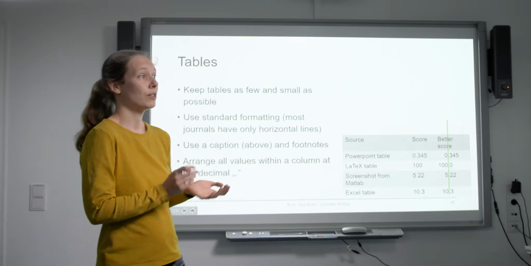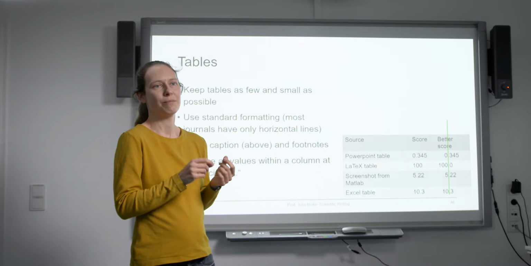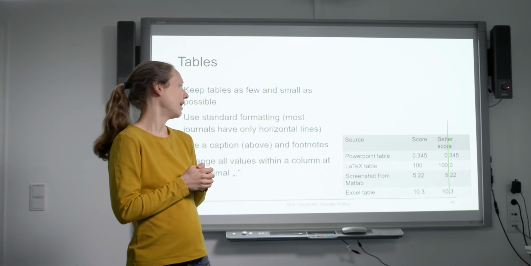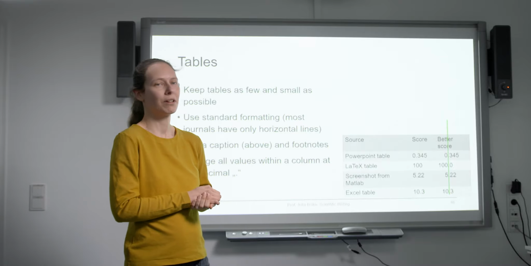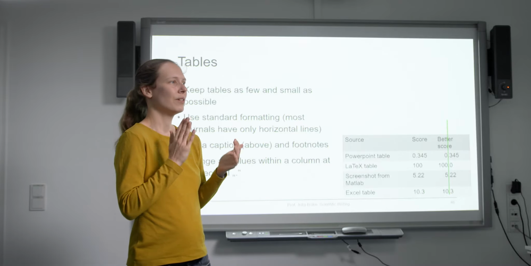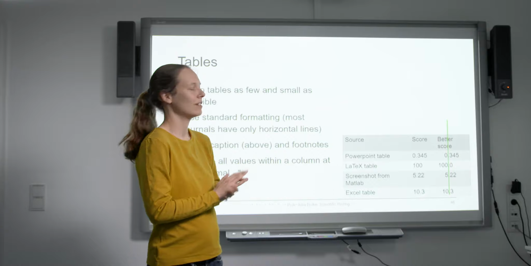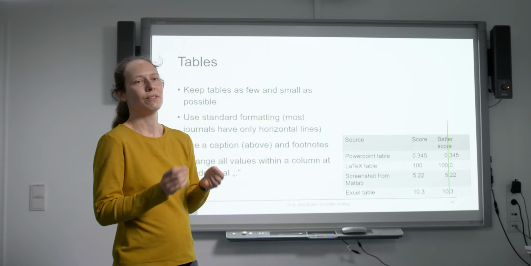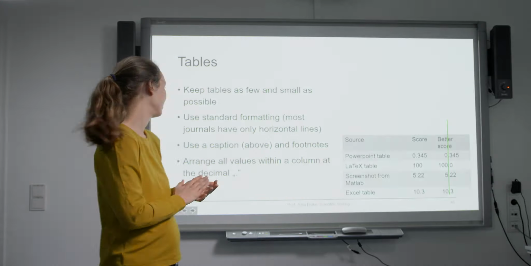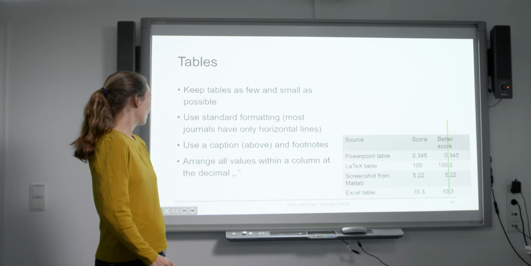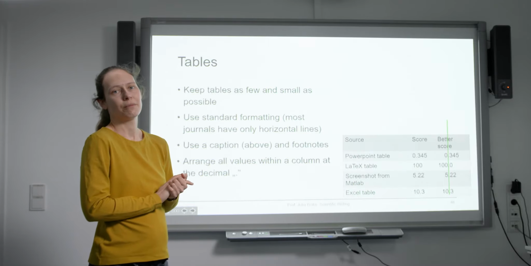Of course, it would also be a good idea to include the same number of digits in every number of the table, but even if you don't have it, please arrange it in a way that it's easily visible which is the largest number. I think I covered all this, so this is the last slide of my presentation.